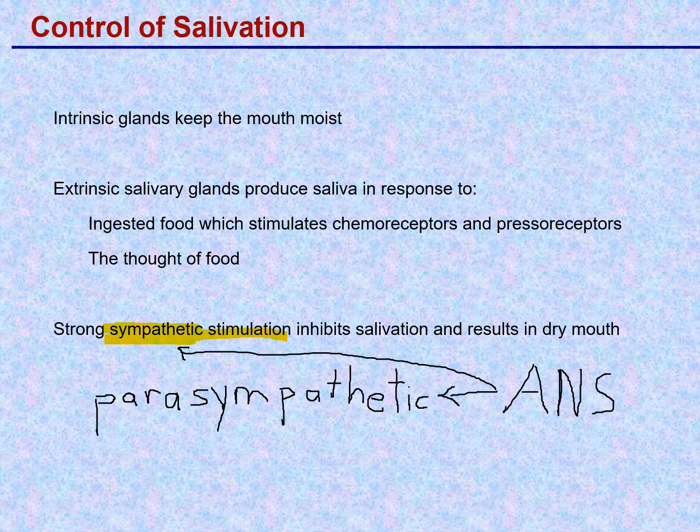The heart is an unconsciously controlled organ, so it's controlled by the autonomic nervous system. The heart rate will speed up with sympathetic stimulation. When you get scared or have to act immediately, you have the fight or flight response, you have a sympathetic stimulation of the heart, and it will speed up the heart.